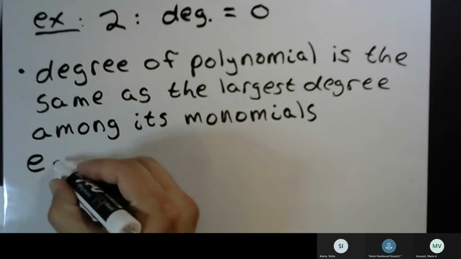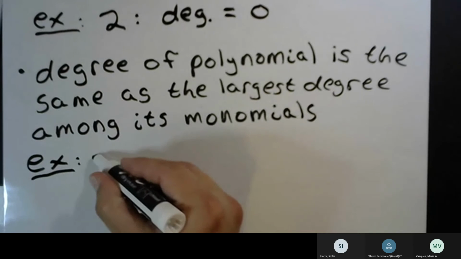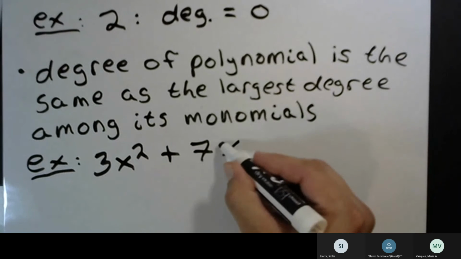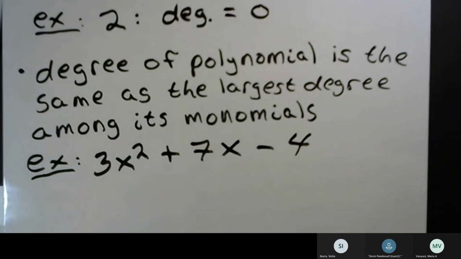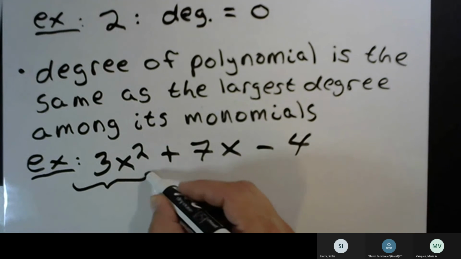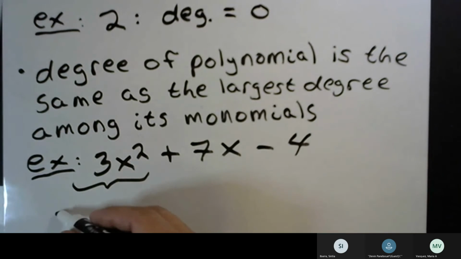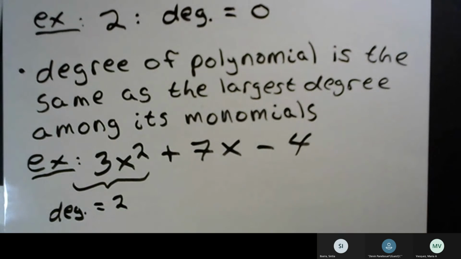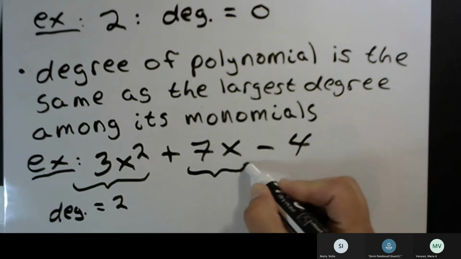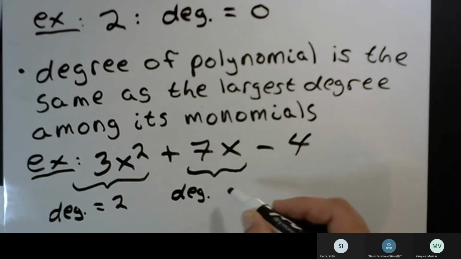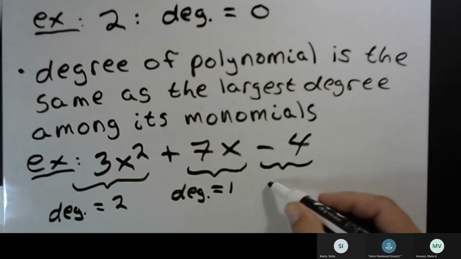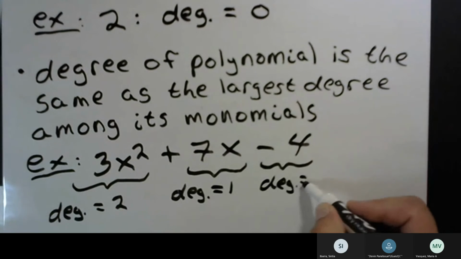So for example, well, if we go through each of these terms, each of these monomials, this one has a degree of 2. This one has a degree of 1. And this one has a degree of 0.